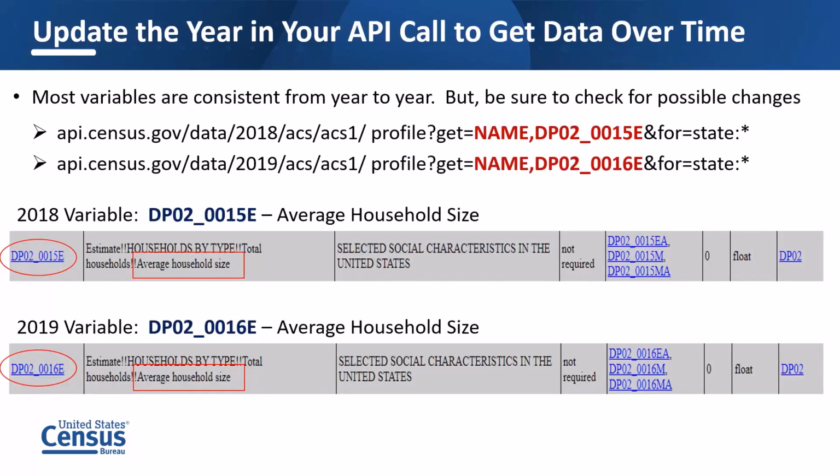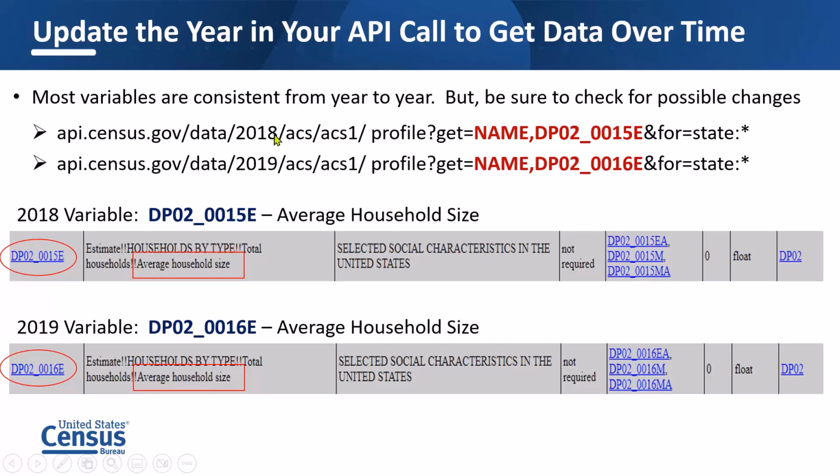As I just said, you can update the date in your call to get data from different years, or if you want it over time. But you just got to be aware that sometimes there are changes. If you look at this top call here, they're both for average household size.